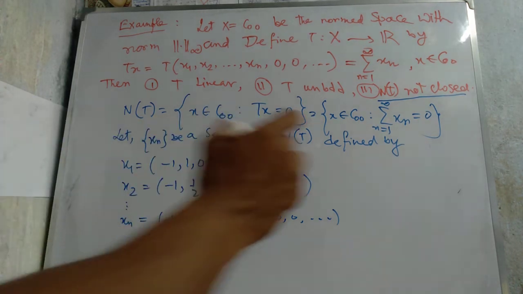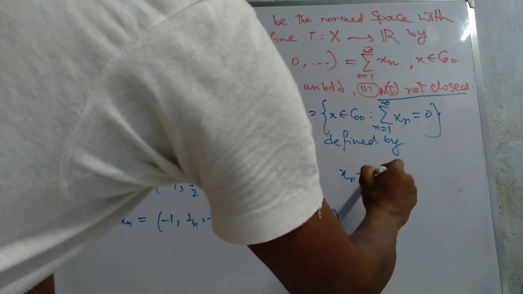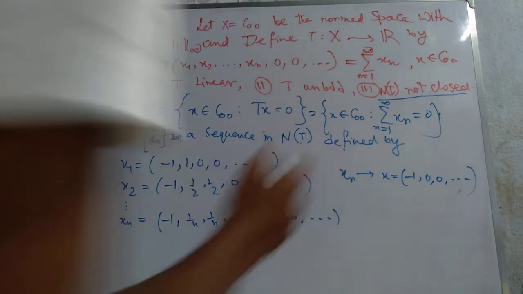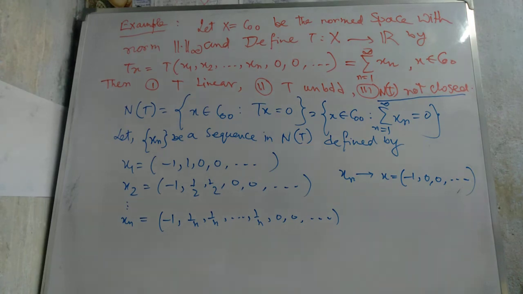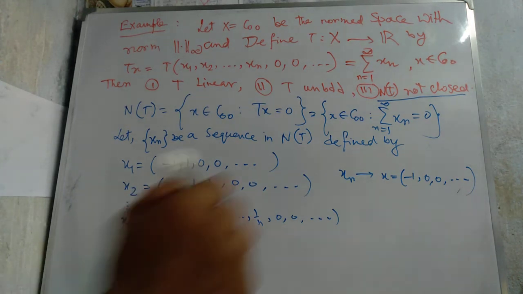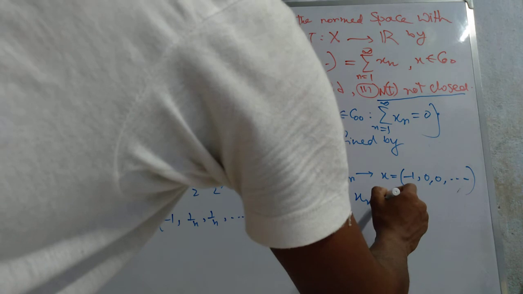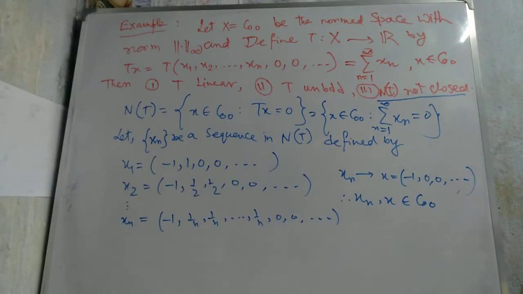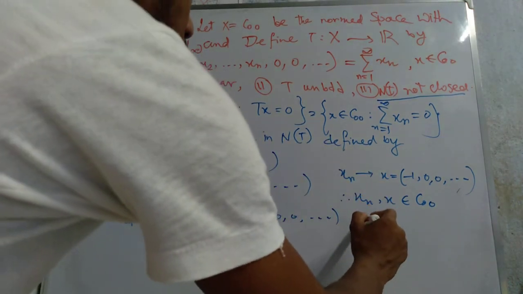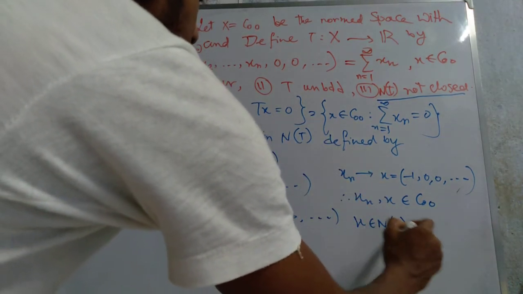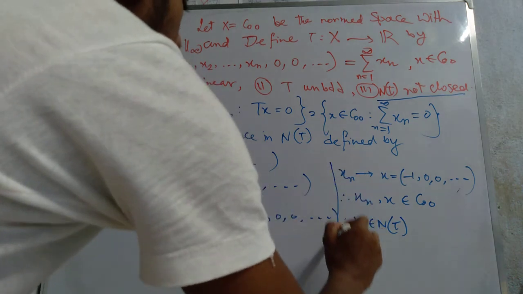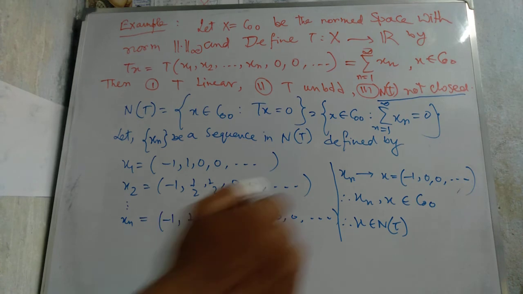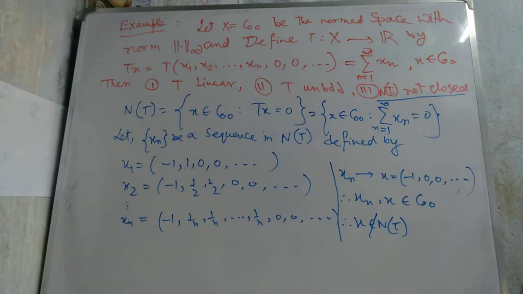Then this sequence xn converges to x, where x equal to (-1, 0, 0, ...), and xn and x both belong to c00. But x does not belong to N(T), while the xn belong to N(T).